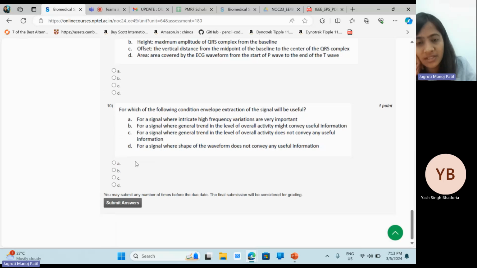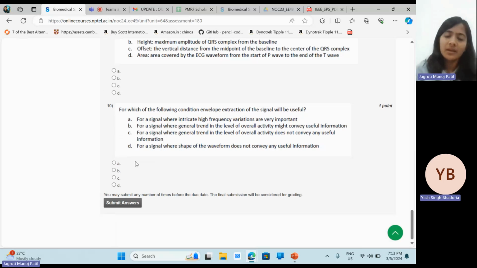Yes, but I guess the shape of the waveform also tells you many things. High frequency variations won't be there. It does not even convey the general trend of the information, but envelope extraction is useful in general. In MATLAB, we saw that it tells us about the modulation of the signal, the morphology of the signal, and the frequency content information of the signal.